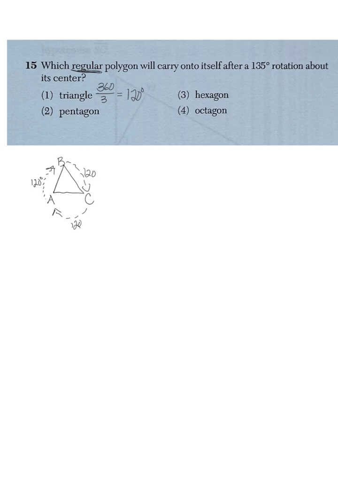But maybe I could go from A to C to B. That would be 240 degrees, right? Or I could go from A to B and all the way back around to C.